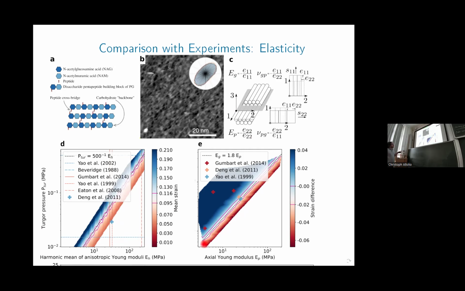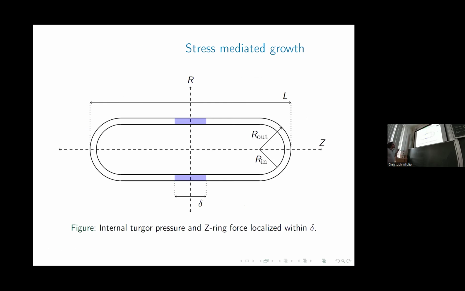So which realistic values of turgor pressure fit to which realistic values of strain, and then we could narrow it down, because as you see, there are orders of magnitude of difference between the elastic parameters reported in the literature. Okay, so this sets up the elastic functional.